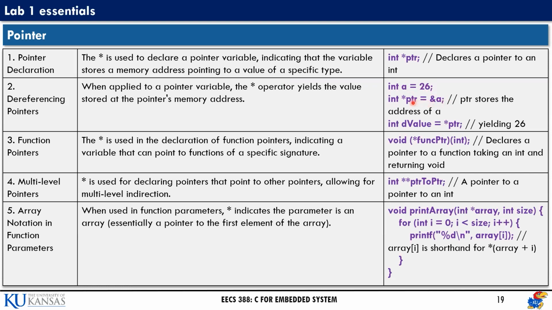And we also declared a pointer. To declare a pointer, we have to use this asterisk sign before the variable name. Here I gave the variable name as ptr, but it can be anything, but you have to use this asterisk notation before the variable name.